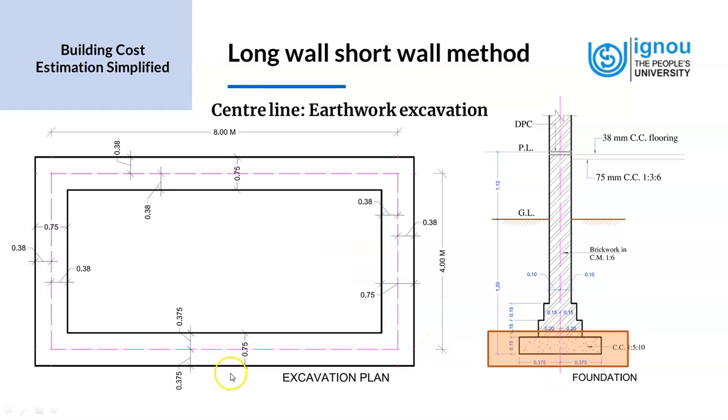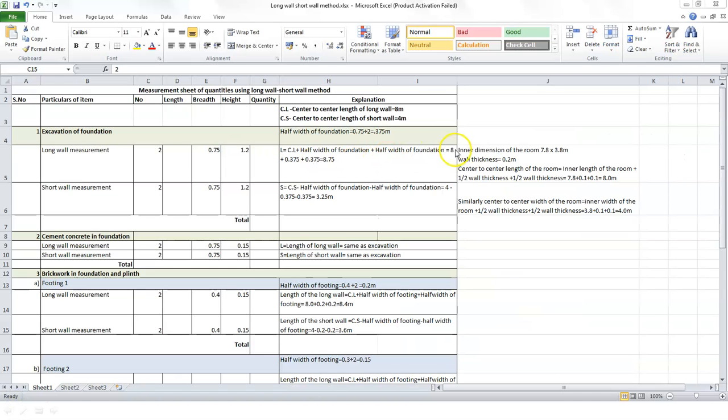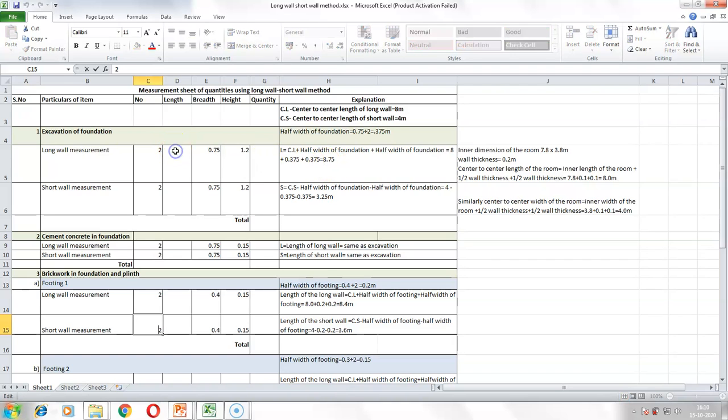Now the width, okay, let's go back and write that in our measurement sheet. So we have 8 plus 0.375 plus 0.375, which is 8.75. We will write it as 8.75. Now we've already seen how we have found the 0.75, which is the width of the foundation. The width of the foundation would actually be the excavation dimension also.